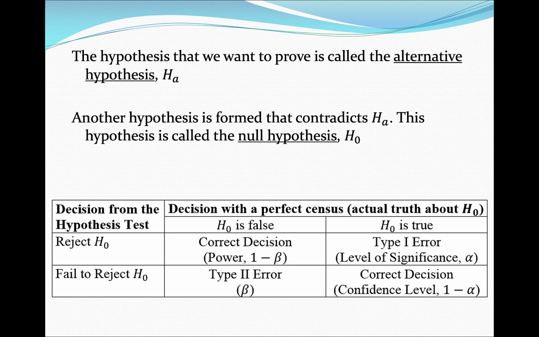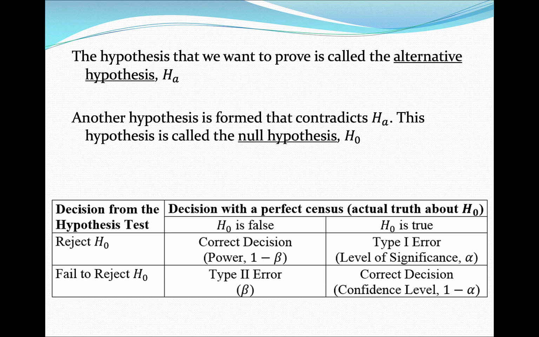If you look at the last two columns in this table, those represent what the actual decision should be. The only way to actually know whether HA or H naught is true is to do a perfect census, have no error, and then you could calculate exactly what your parameter was. If you did this, it would be possible that H naught is either true or false. For example, if you're estimating the population mean, at any given point in time the mean is a specific value.